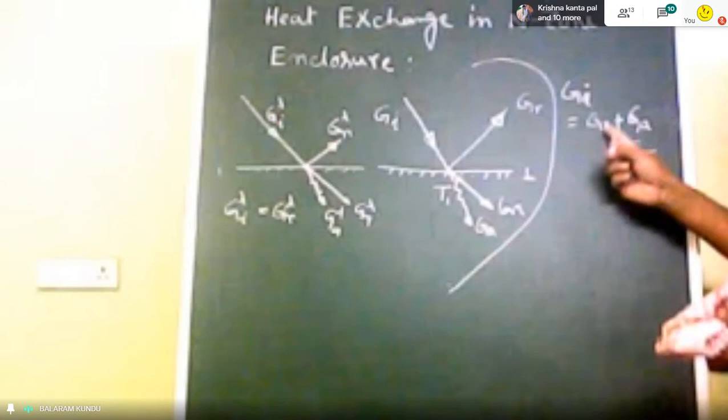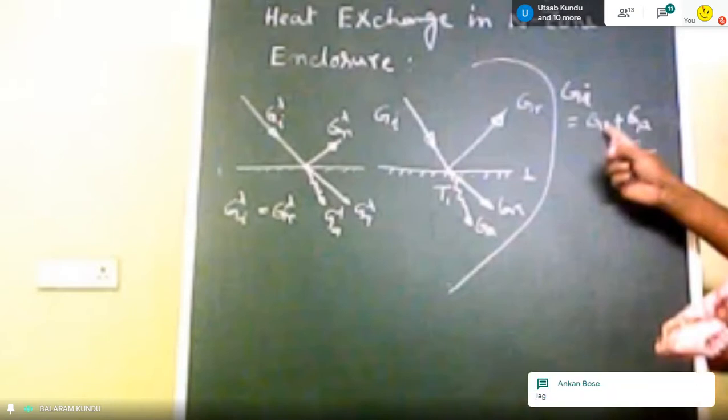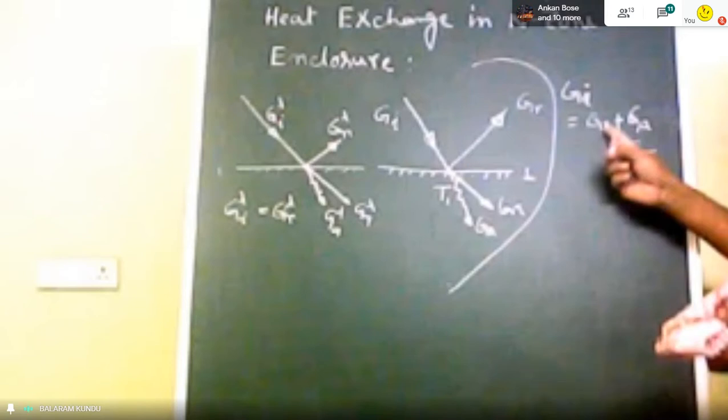Dividing both sides by G, we can write 1 equal to Gr divided by G plus Ga divided by G plus Gt divided by G. On the left-hand side there is 1, and on the right-hand side Gr by G plus Ga by G plus Gt by G.